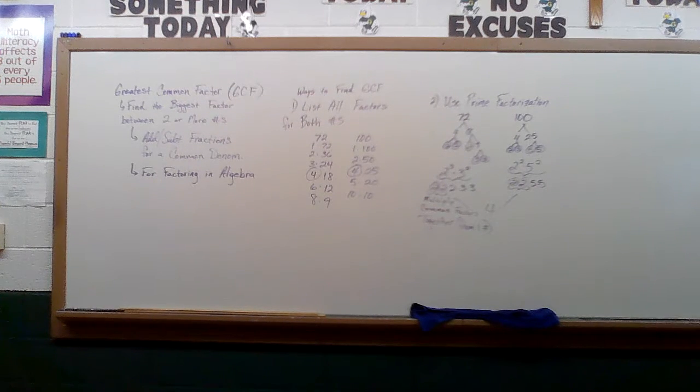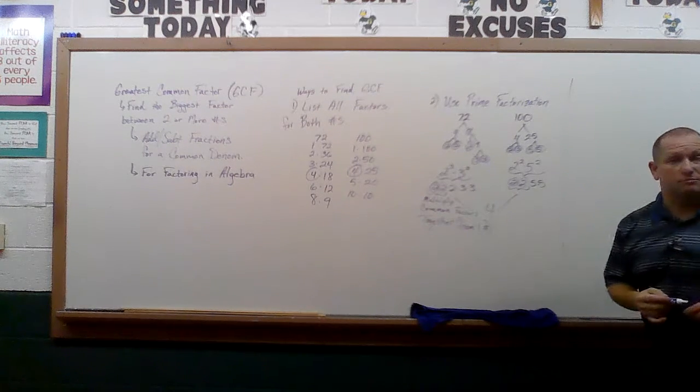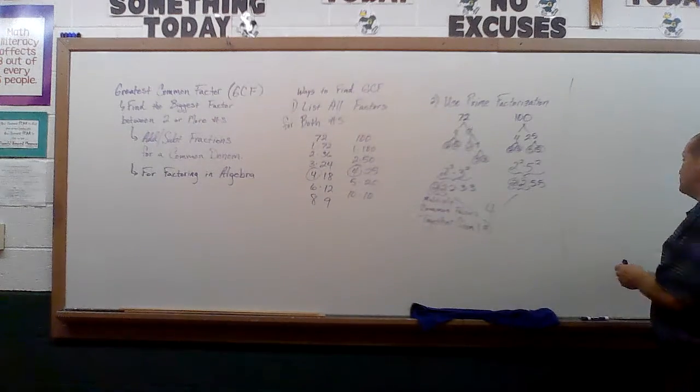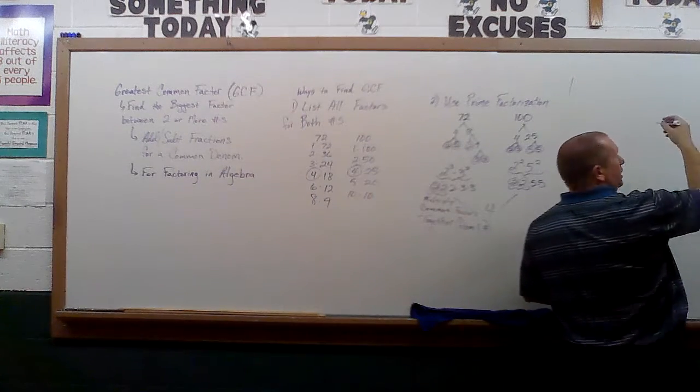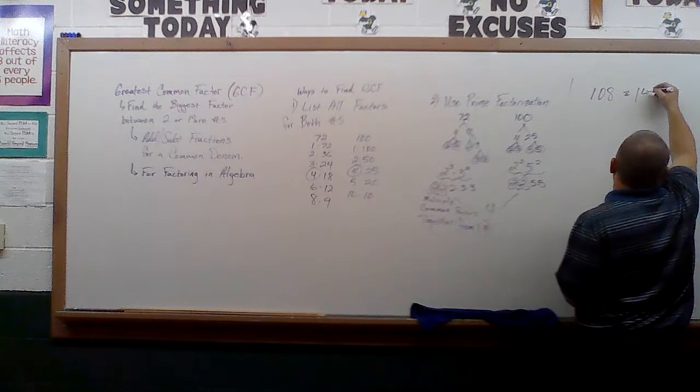So, let's try this out. You get to decide which way you want to do it. I don't care which way you do it. It's totally up to you. The 2 numbers I want you to do are 108 and 144.